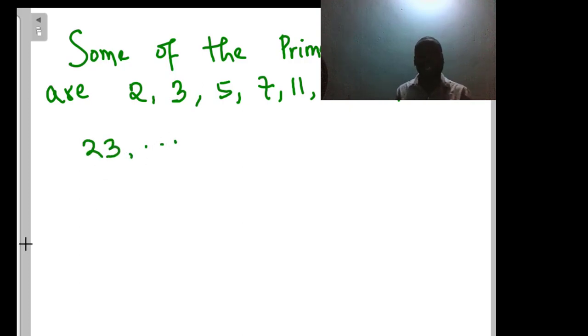I'm going to leave them like that. I'm not going to mention all of them because I'm going to ask you at the end of this video to mention the remaining prime numbers between 23 and 100.